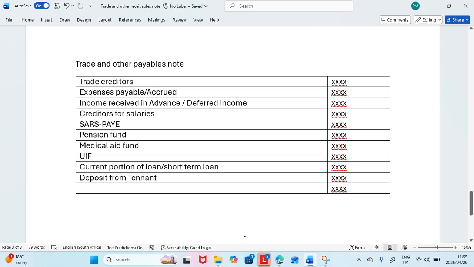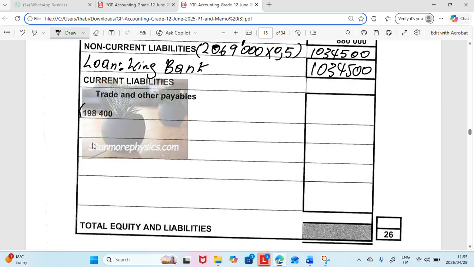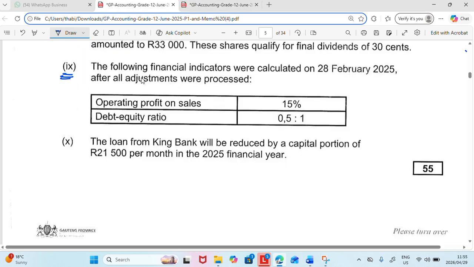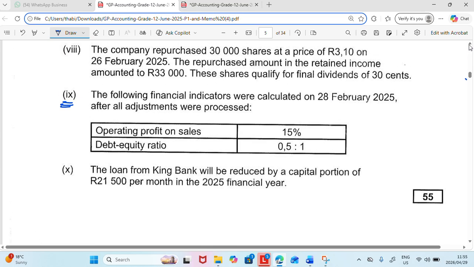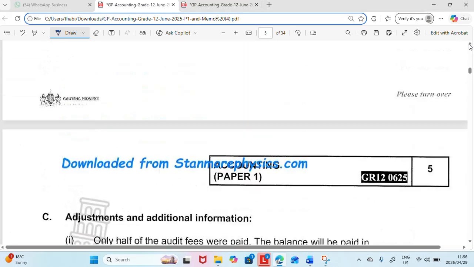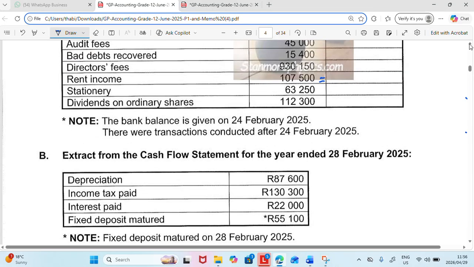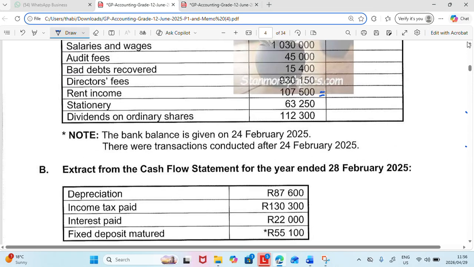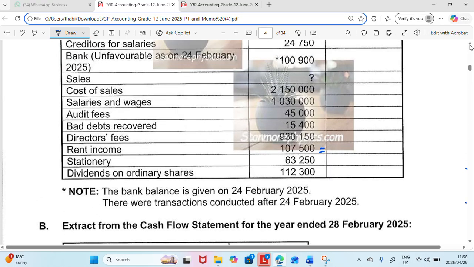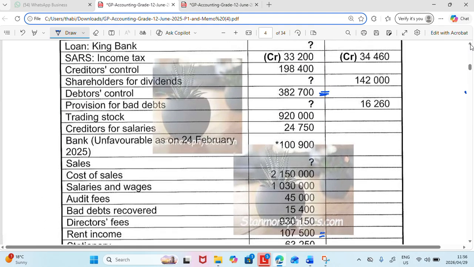We start with trade creditors, guys. Trade creditors. We're given the 198,400, that should be trade creditors. 198,000 creditors control, 400 were given.